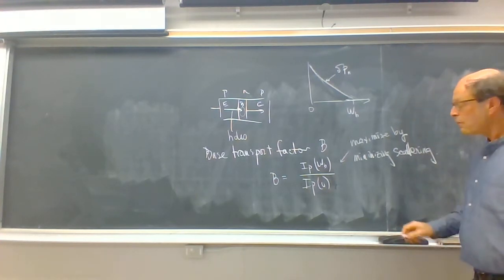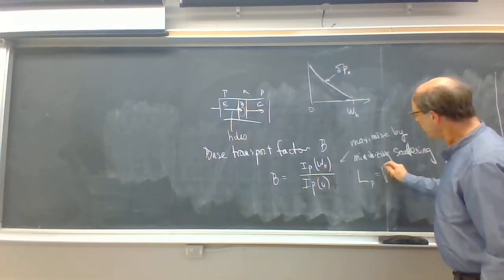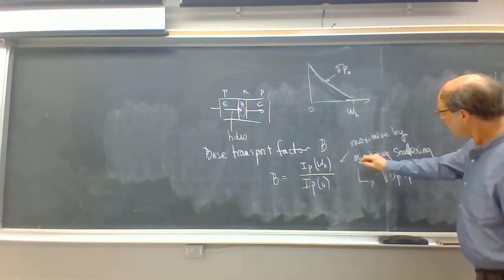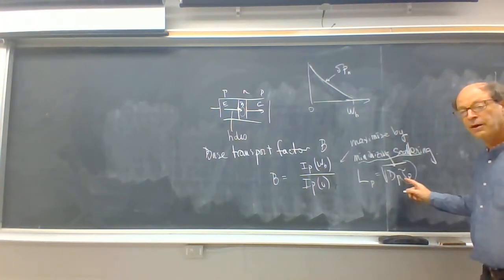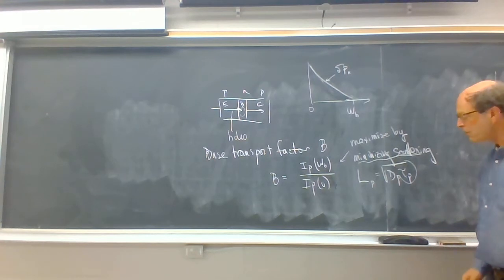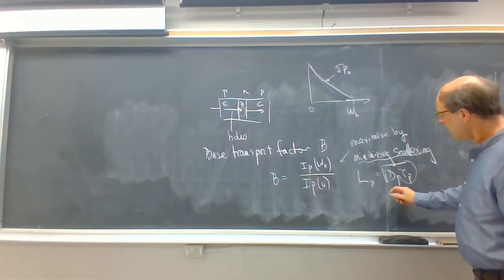So remember, we want to maximize the diffusion length L_P equals square root of D_P tau_P. So if you minimize scattering, that means we can cause tau to become longer. The time between scattering events can become longer, which will increase the length L sub P. And we can, of course, also reduce W_B.